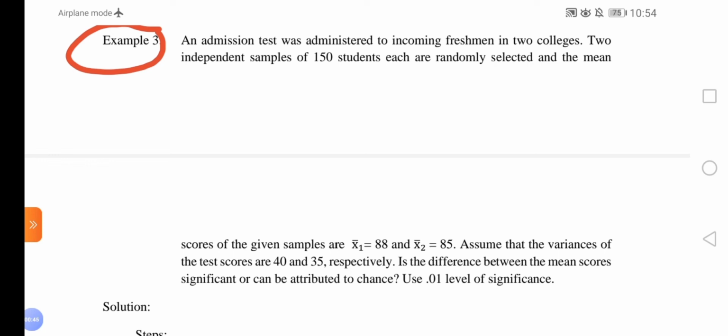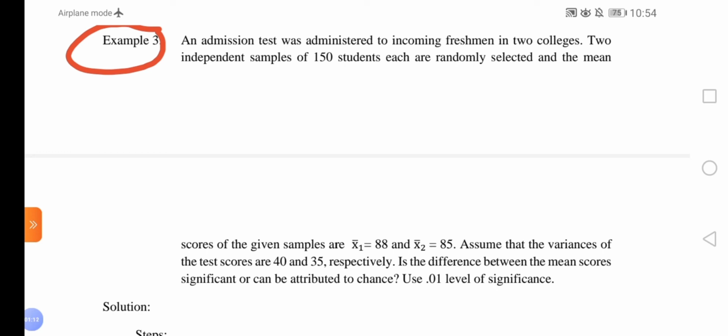As we can observe, our null hypothesis would be population mean sub 1 is equal to population mean sub 2. And our alternative hypothesis would be population mean sub 1 is not equal to population mean sub 2.